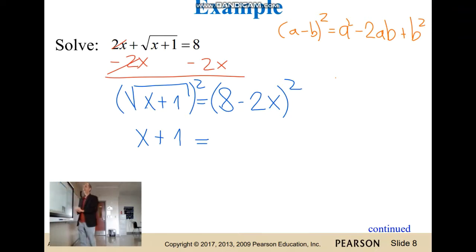So we're going to apply it on this situation where this is going to be a, and 2x is going to be b.